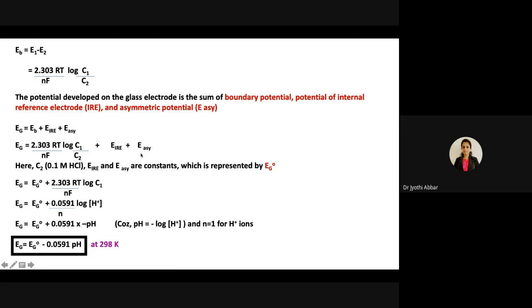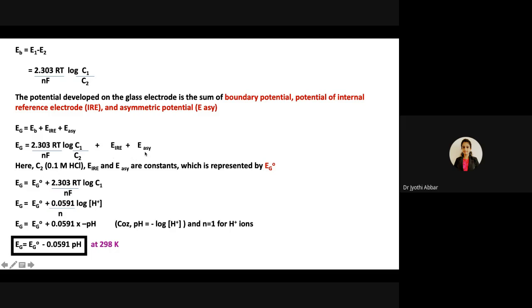Among all these things, C2 is nothing but the solution taken inside, whose concentration is 0.1 M HCl, and it has a fixed pH. So it remains standard for us. The internal reference electrode potential is standard for us.